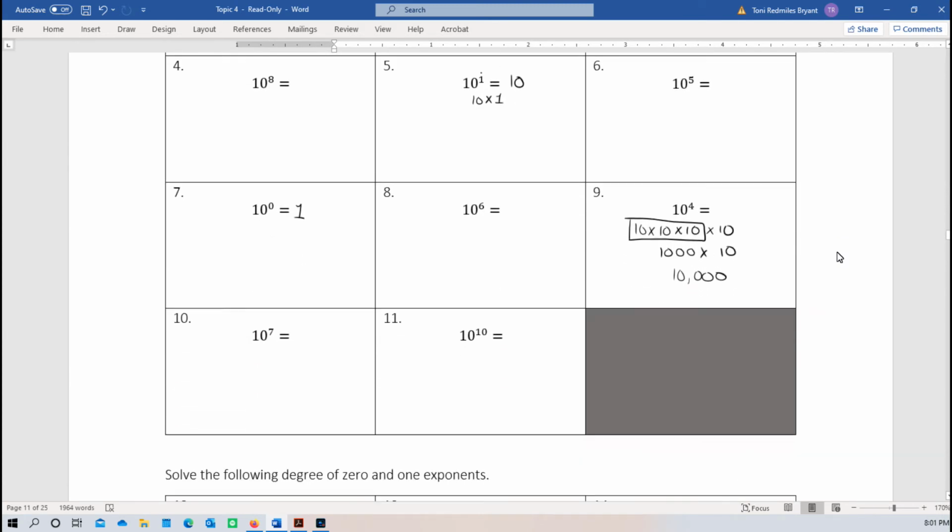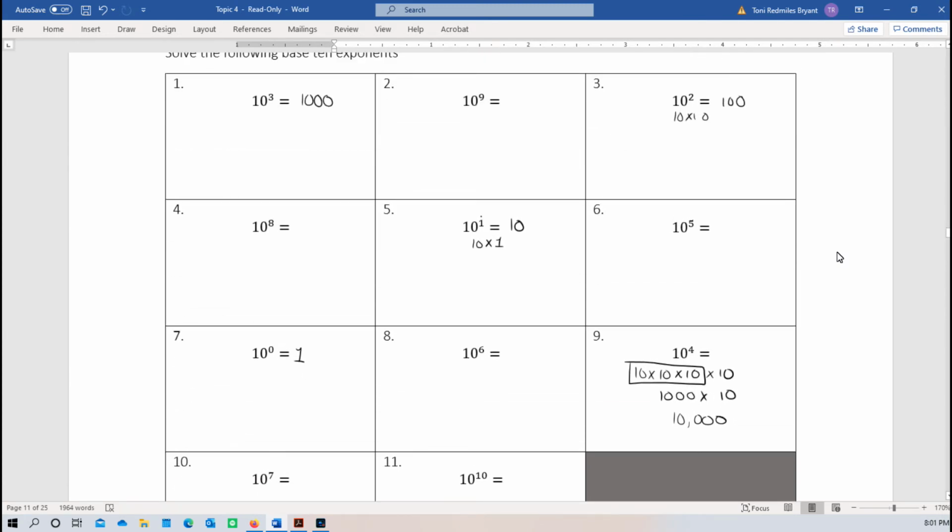All right, the next one on this list is 10 to the fifth, number 6. That's 10 times 10 times 10 times 10 times 10, right? 1, 2, 3, 4, 5. I know what 4 of them are. That's 10,000 times another 10. It's going to be 100,000.